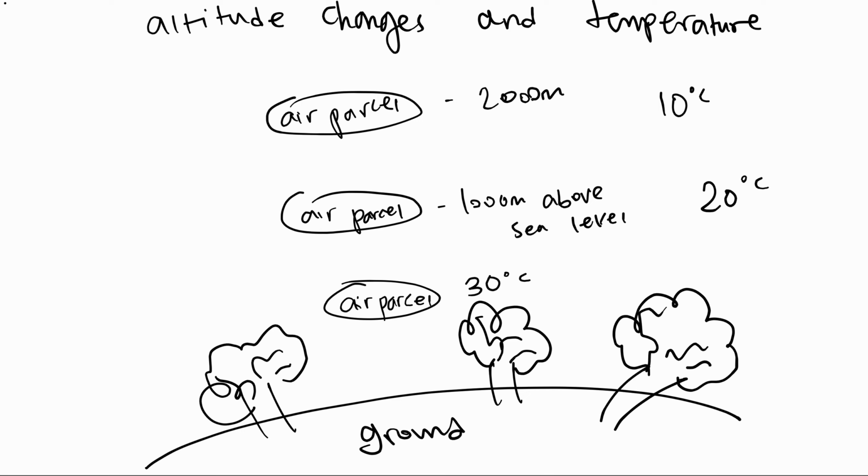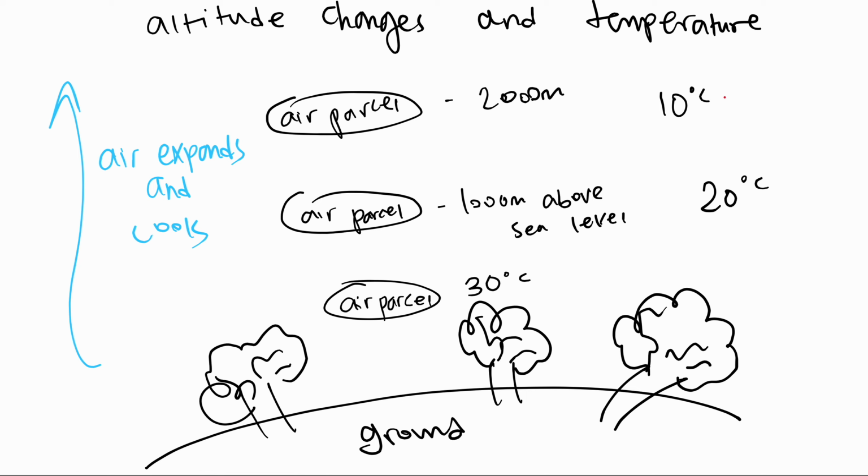But essentially what happens is, as we rise in altitude, the air expands. Let me draw that again. As we go up, the air is going to expand. The air parcel, you notice them getting bigger. The air expands, and as it does that, it's also going to cool.